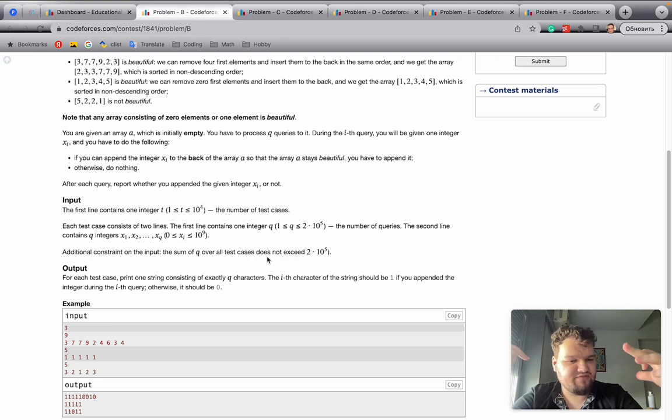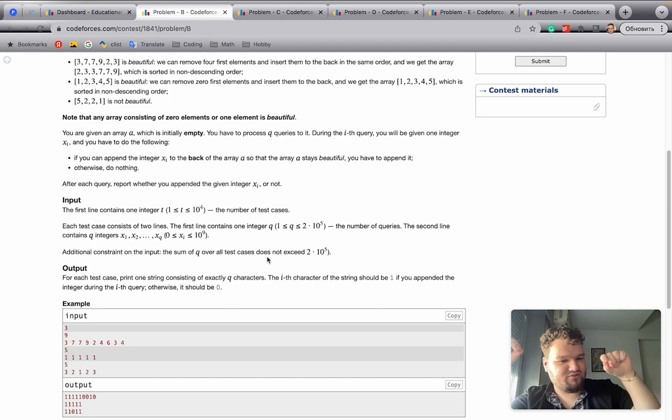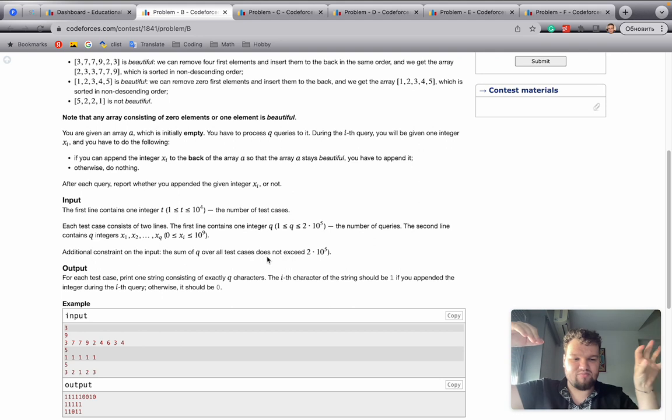So the array will stay beautiful, but then there is only one cyclic shift that can possibly make it sorted, because we need to split that pair that is in the wrong order. So basically from that point on we need to check if the suffix is sorted and all the numbers we are inserting are not greater than the first element.